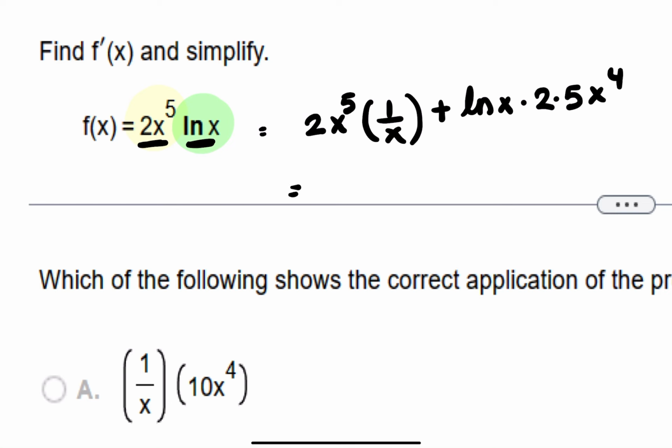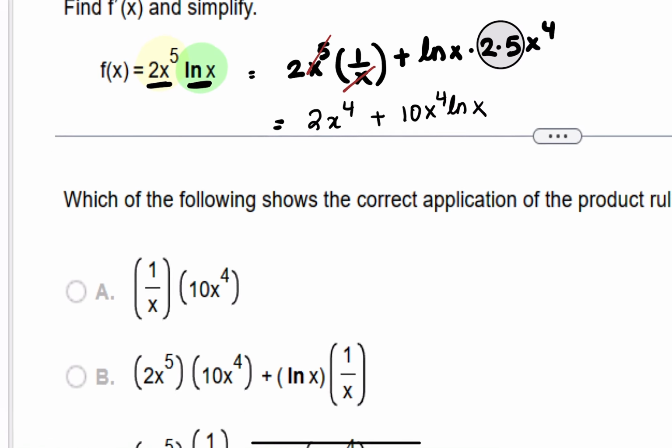When I simplify this, x and x to the power 5 cancel out and I have 2x to the power 4 plus 2 times 5 is 10, so I have 10x to the power 4 ln x.